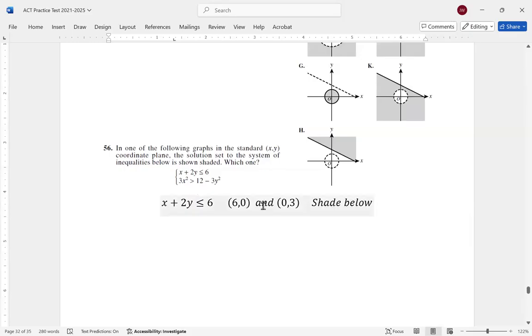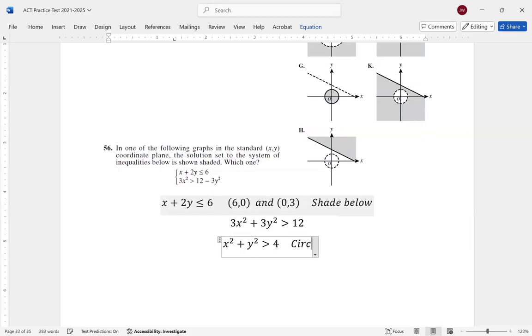So if we look at the other inequality, 3x squared greater than 12 minus 3y squared. First off, I'd add 3y squared to both sides. And then I'd divide everything by 3, giving me x squared plus y squared is greater than 4.